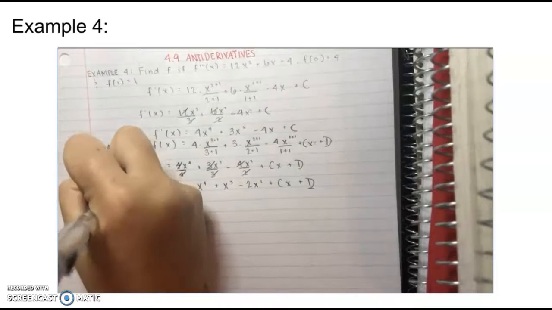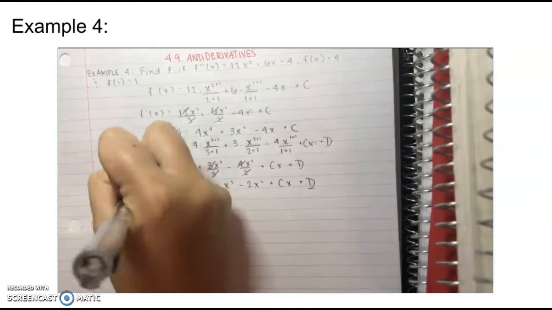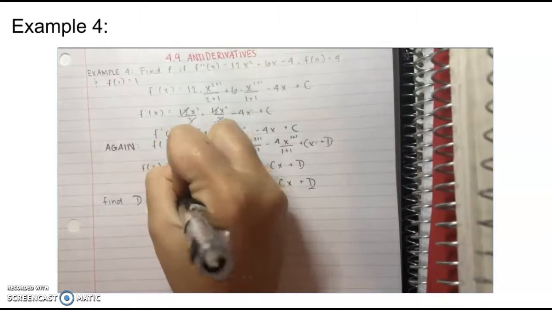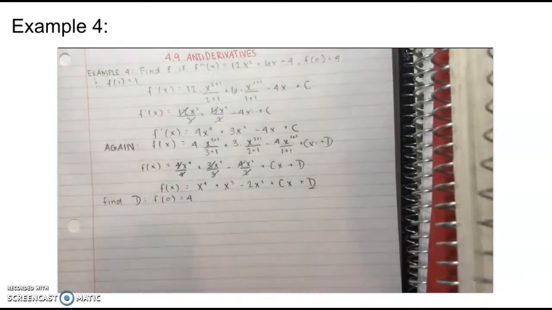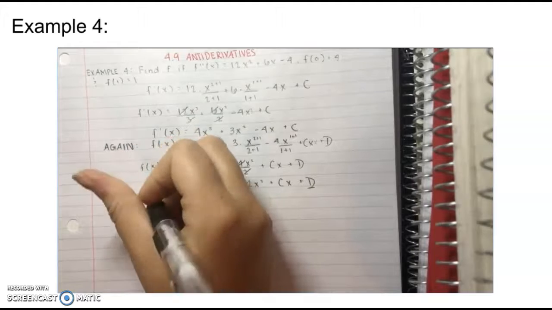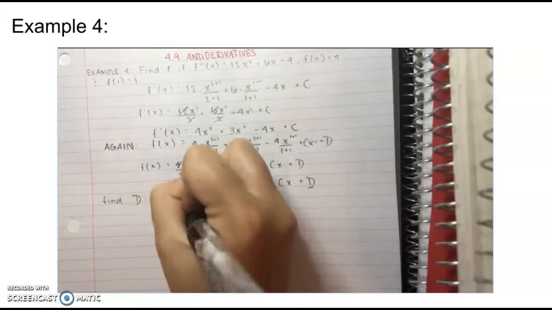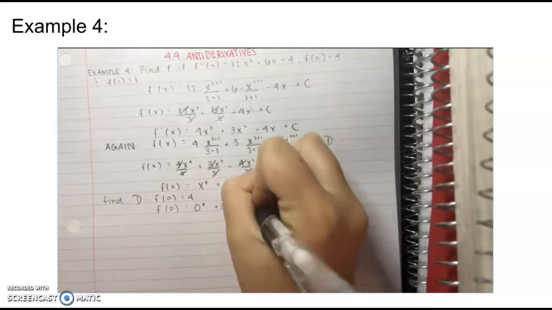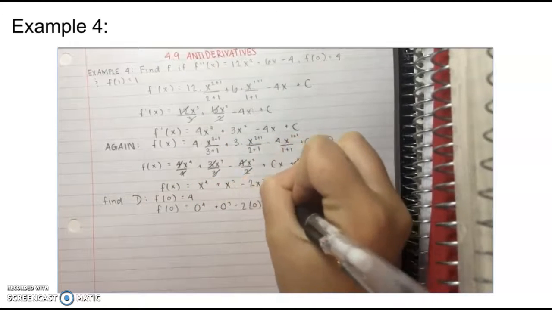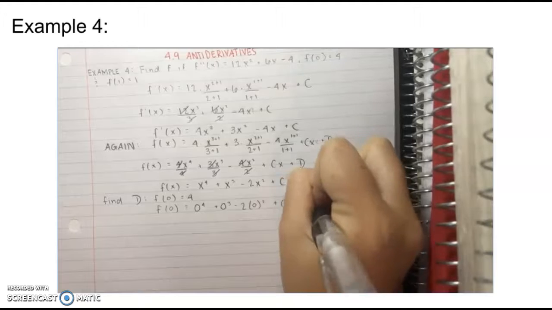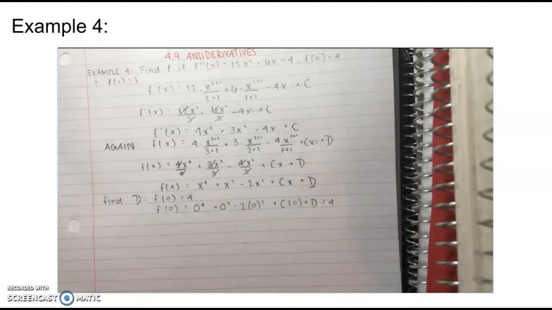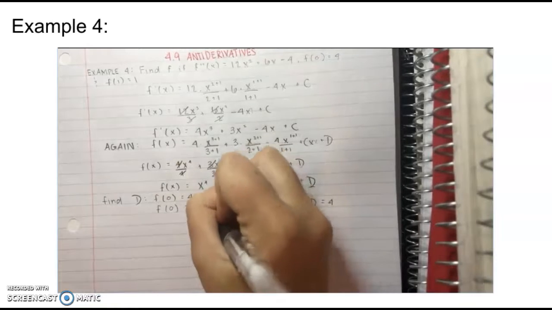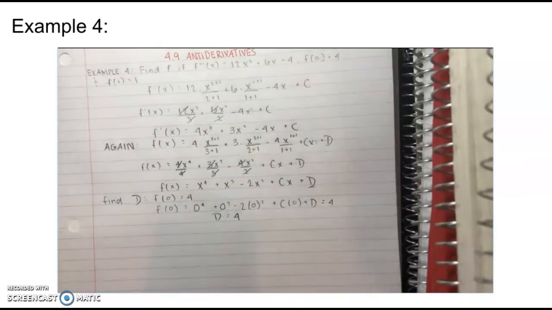To find d, we're going to do f of 0 equals 4, using the first one that we were given. So f of 0 equals 0 to the 4th plus 0 to the 3rd minus 2 times 0 squared plus c times 0 plus d equals 4. When we do that, obviously we get 0, 0, 0, 0, which means d equals 4.